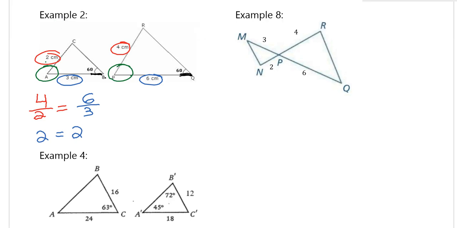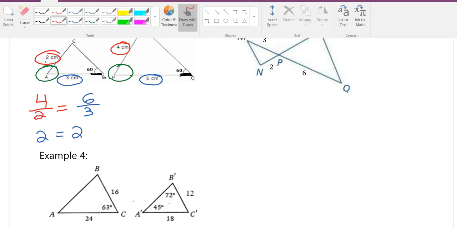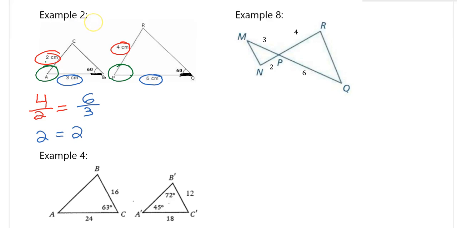I do not have side angle side. If I think about the order I have here, I have side, then another side, then my angle. Okay? That does not work.